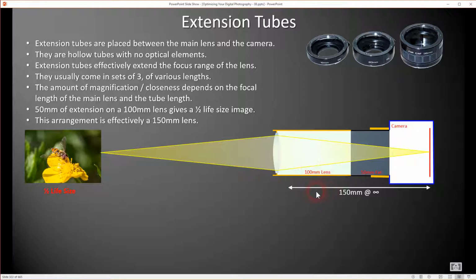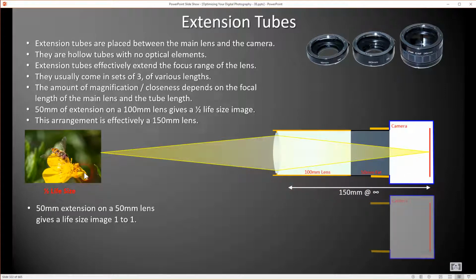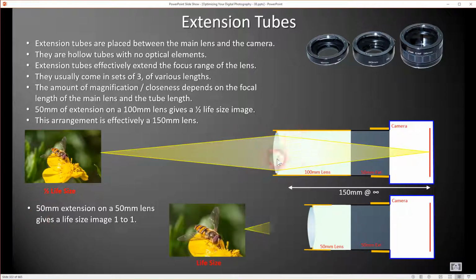And when you add it all up, it effectively comes to a 150mm lens. A 50mm lens, so we've reduced the lens focal length by half, plus a 50mm extension will actually give us a life-size image.